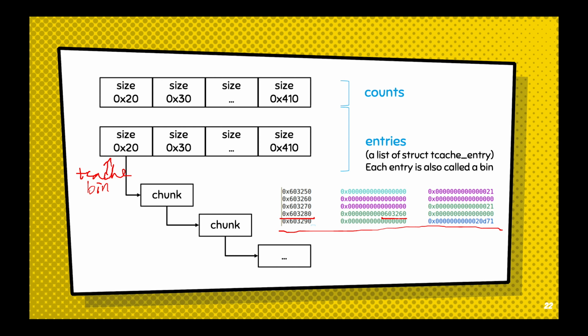So if you look at the Tcache and if you look at the heap layout, you'll be able to find that hex 603280 points to the next one, which is 603260. In this way, all the chunks are connected together, linked from one to the next, and again, the head of the chunk list will be stored into Tcache bin.